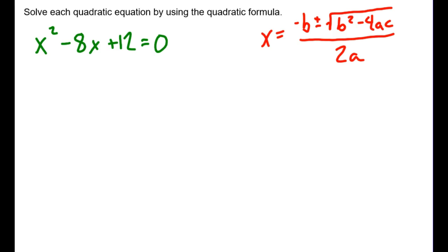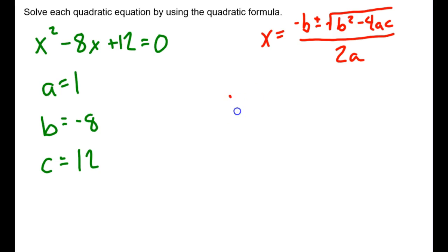In this problem, we have x squared minus 8x plus 12 equals 0. Thus, our a value is 1, the b value is negative 8, and the c value is 12. All we need to do is plug these values into that formula and simplify.